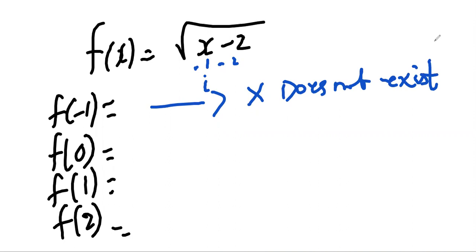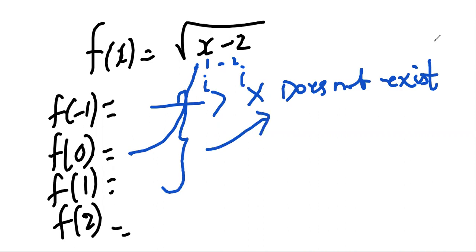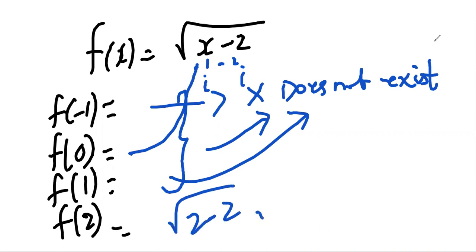In all such cases, the function does not exist. If we place 0, 0 minus 2, then again iota will come because it's under root, so it does not exist. If we place 1, 1 minus 2 is also negative, and iota will appear, so the function does not exist. But if we put 2 in place of x, then 2 minus 2 is 0, so under root 0 is 0, so this is a function and it exists.